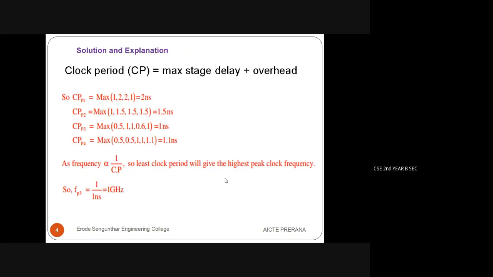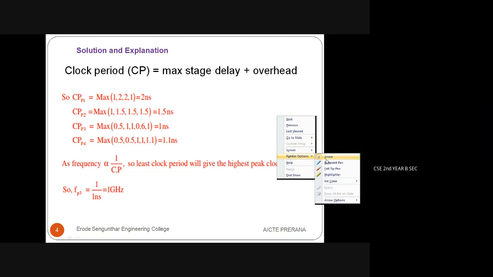The solution, here it goes. Clock period, CP in short form, is the maximum stage delay in addition to the overhead. For each and every processor, we are going to calculate the clock period. CP1, that is the clock period of P1, is the maximum of 1, 2, 2 and 1.